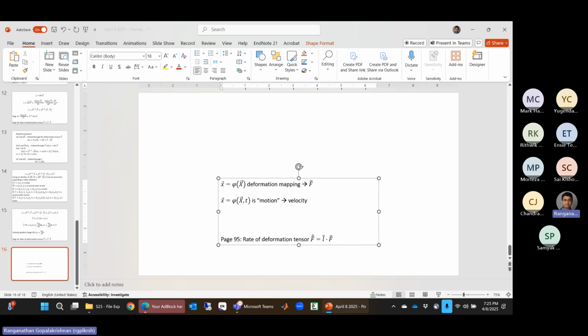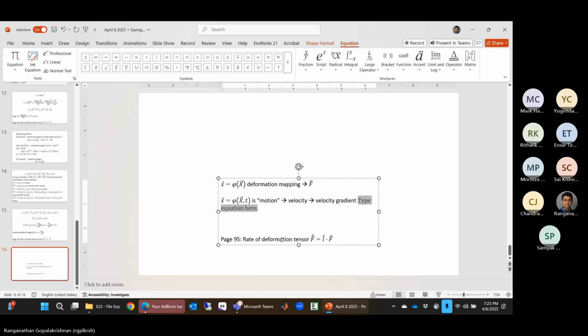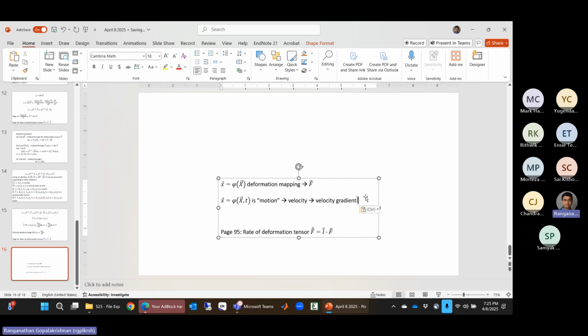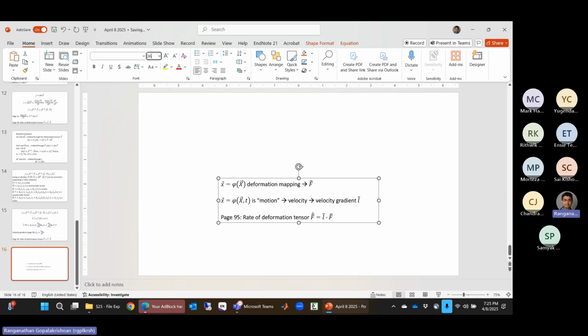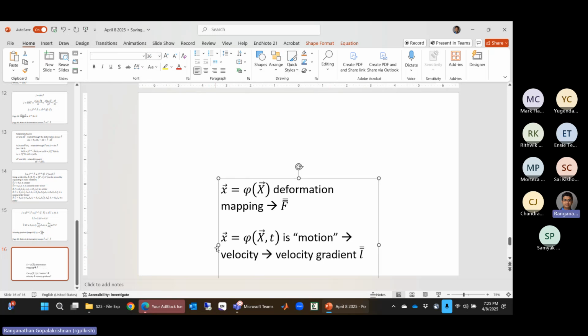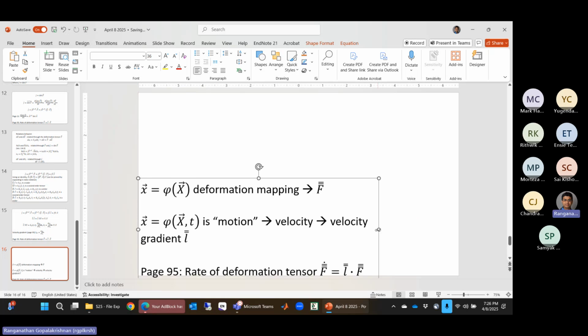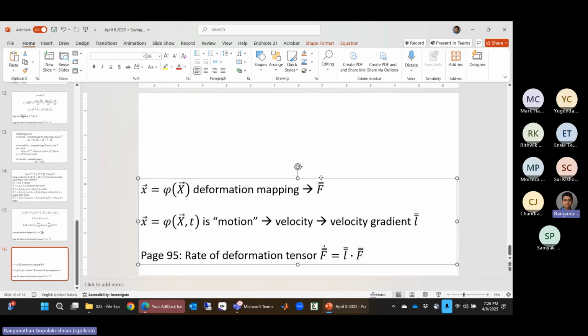Velocity gets you the velocity gradient, L. So specifying the motion gets you the deformation gradient as well as the velocity gradient. So this relation F dot connects the rate of change of deformation with the velocity gradient and F itself.